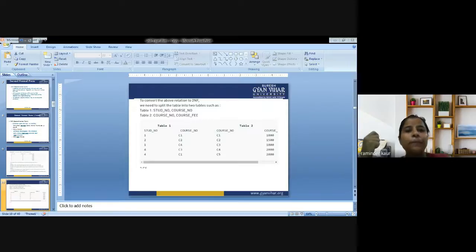For example, if there are 100 students that are taking C1 courses, then we don't need to store its fee as 1000 for all the records. Instead, we can store it once in the second table as the course fee for C1 is 1000.